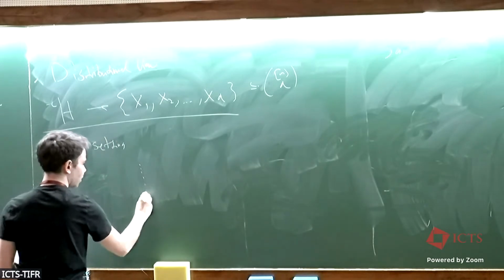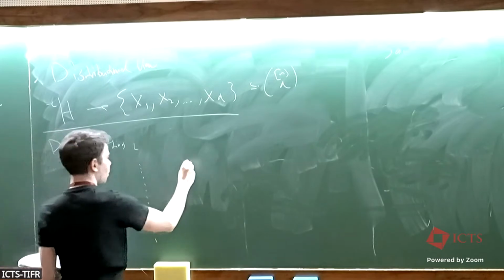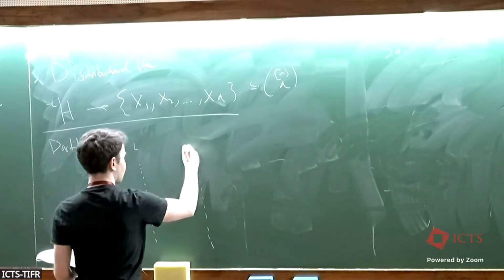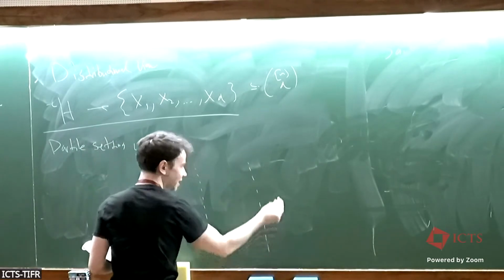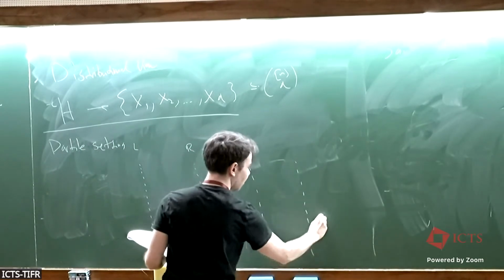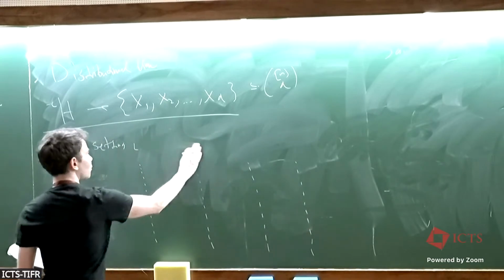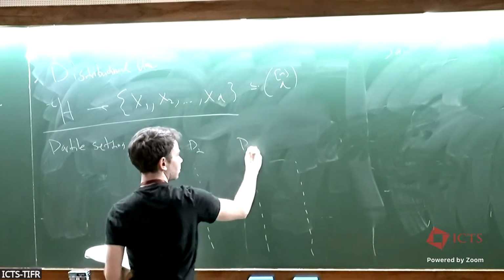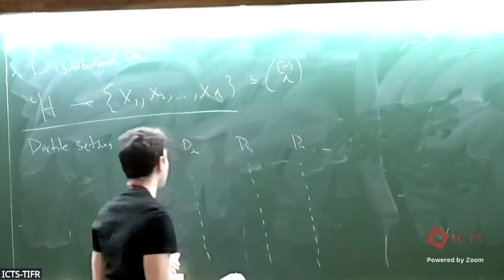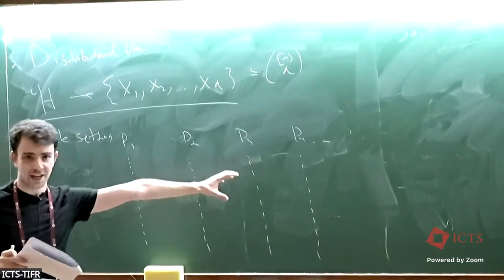So in the bipartite case, we had L and R. So maybe not that surprisingly, in the high-dimensional case, we're going to have d parts. I won't draw them all because I don't know what d is. But we'll have parts P1, P2, etc. And every d-dimensional face will have one vertex from each part.